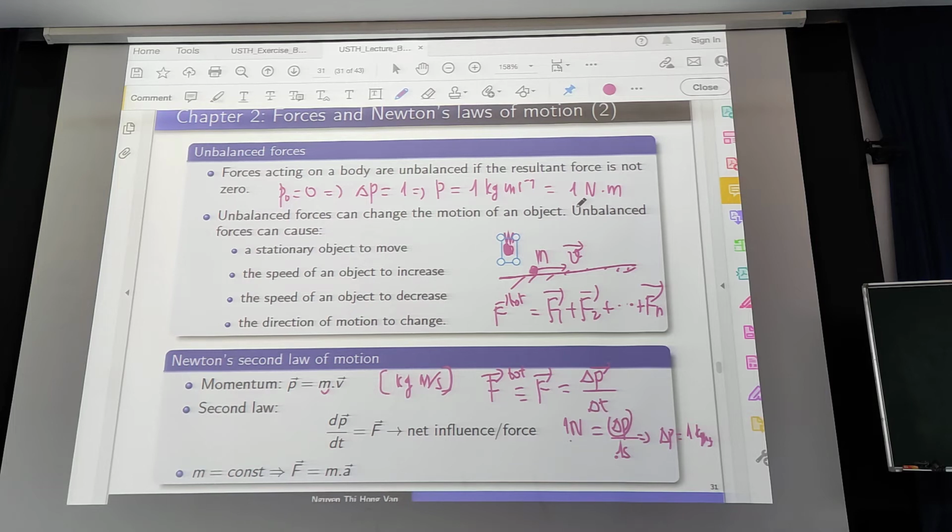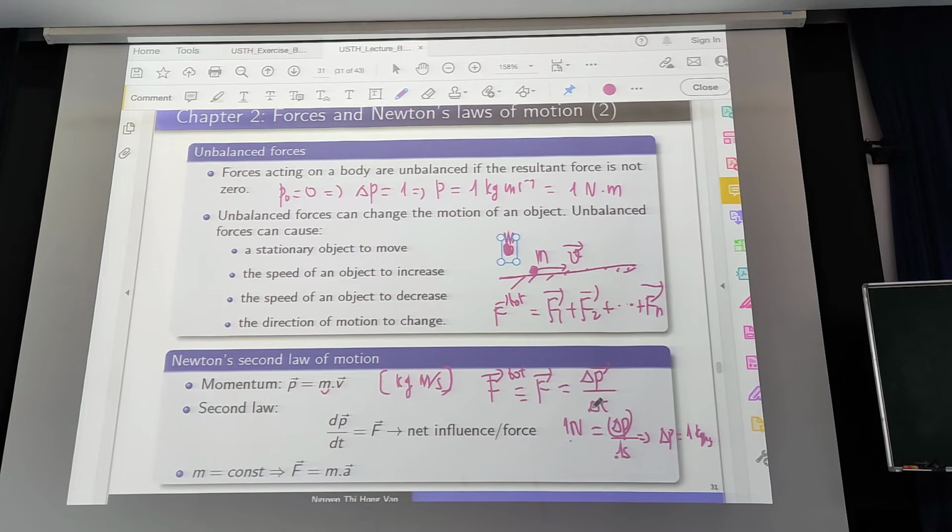And if the force is zero, the acceleration is zero, and then you don't change the momentum, and you don't change the velocity. The forces are balanced, with no net force acting on the object. Okay? Is it clear? So that is the average value of the force.